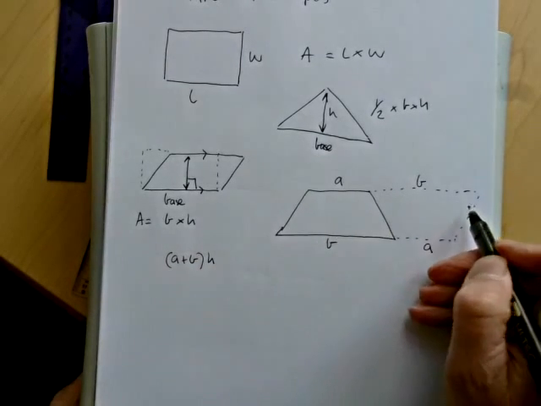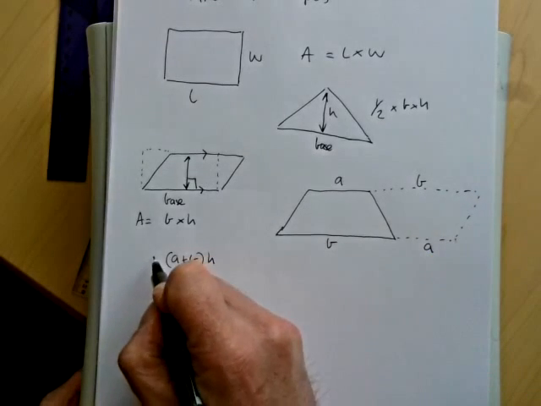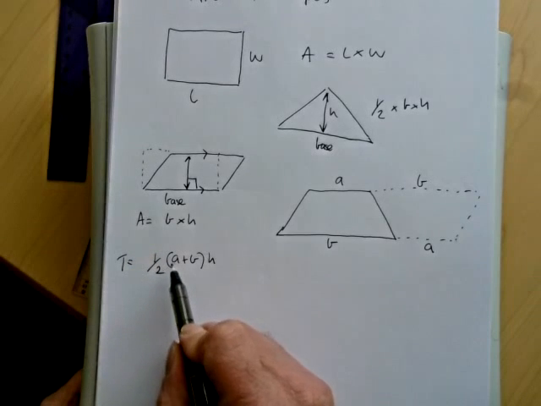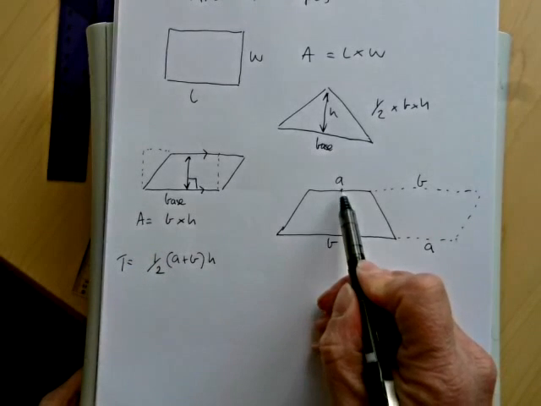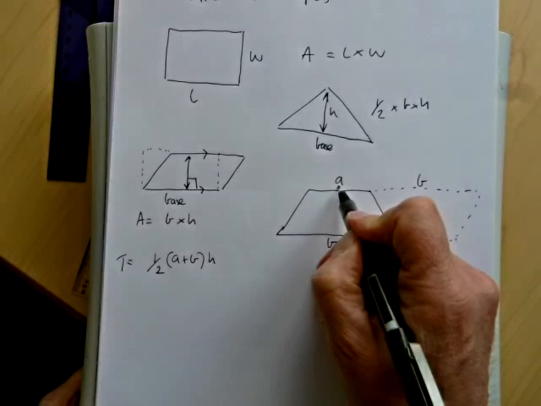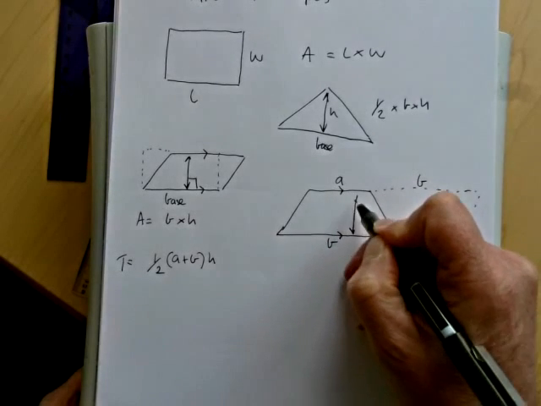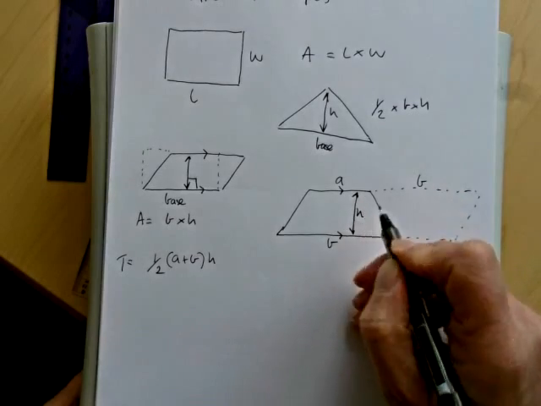But we don't want the parallelogram, we just want half of it. So there's the formula for the trapezium. The area of a trapezium is half of A plus B, which are the top and bottom, the parallel parts of the trapezium, times the perpendicular height between those parallel lines.